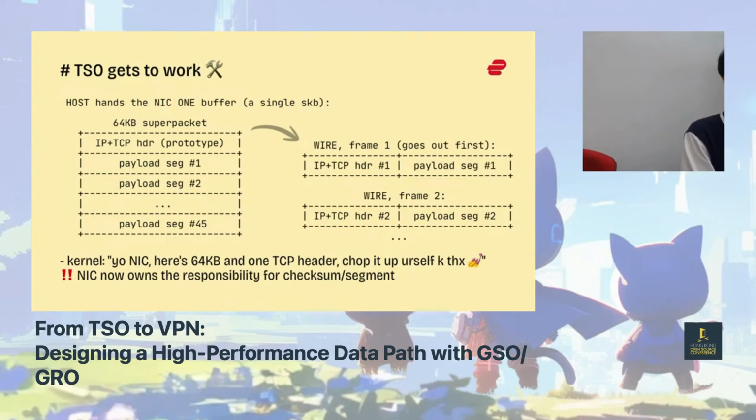What we do is pack all the segments into a super packet, and we only segment them in the hardware. So the software will only see 64 kilobytes at once, and then the hardware will take care of the rest. This is really efficient because the CPU doesn't have to handle each packet. It can just pass it along to hardware.